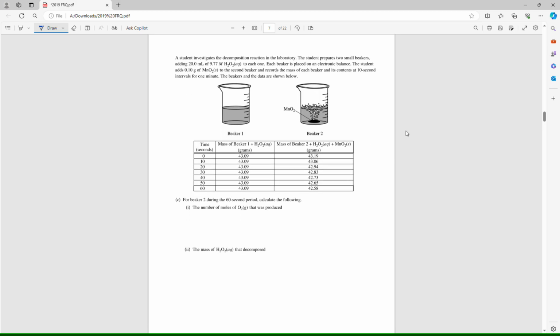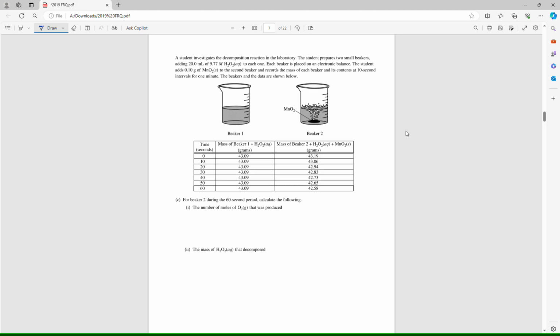All right, a student investigates the decomposition reaction in the laboratory. The student prepares 2 small beakers, adding 20 milliliters of H2O2 to each. One of them has the catalyst, this one does not. You can see that the mass of beaker 1 is not changing. It does not have a catalyst. The mass of beaker 2 is changing, though. Calculate the number of moles of O2 that was produced in a 60-second period.